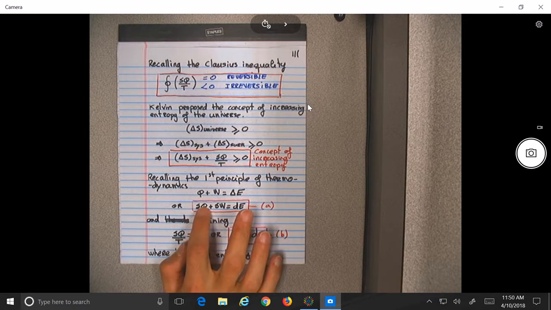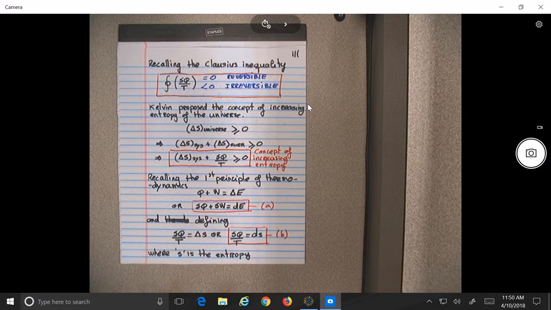I put it delta Q's because it's easier to understand, but you put Q plus work equal change in energy. So that was the first principle of thermodynamics. What were the deficiencies of that equation? Basically we had two.